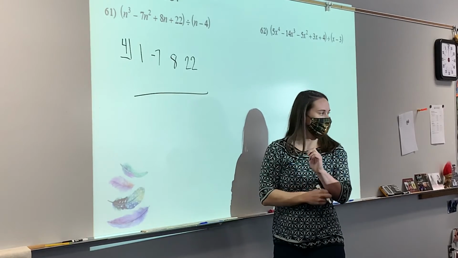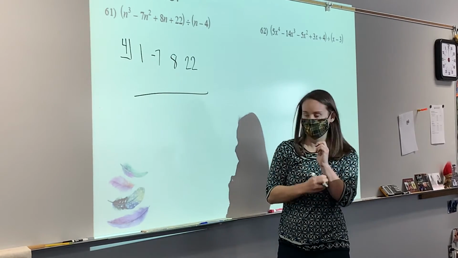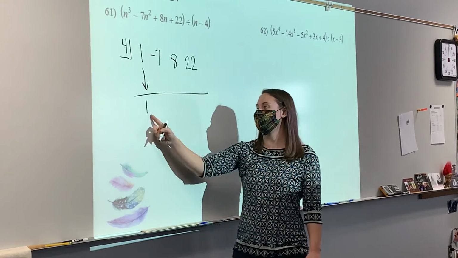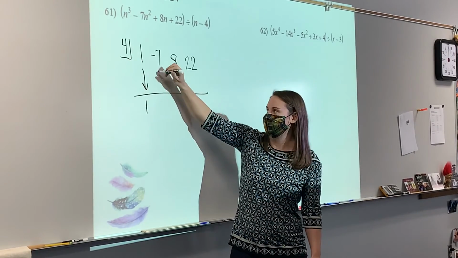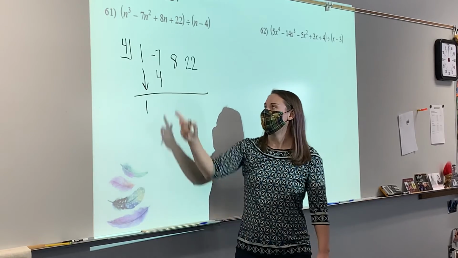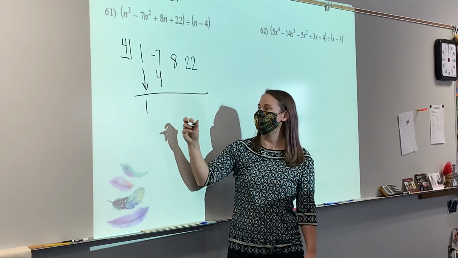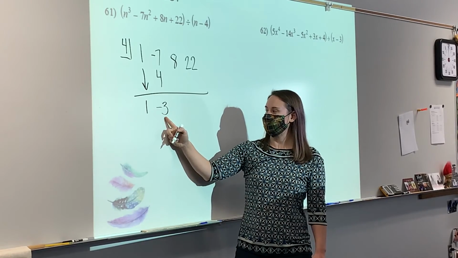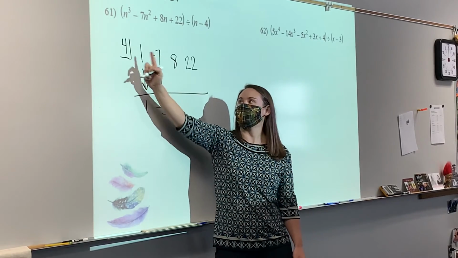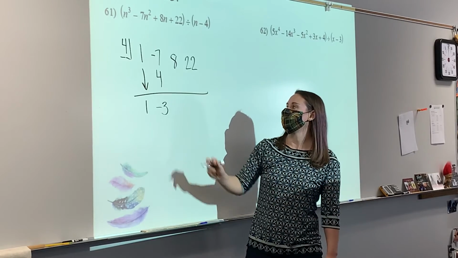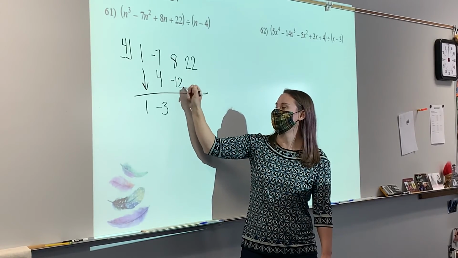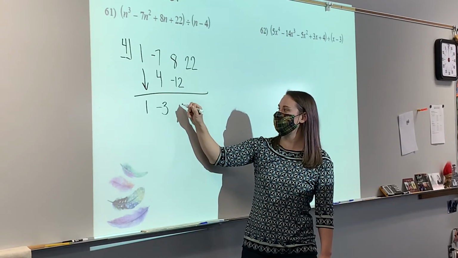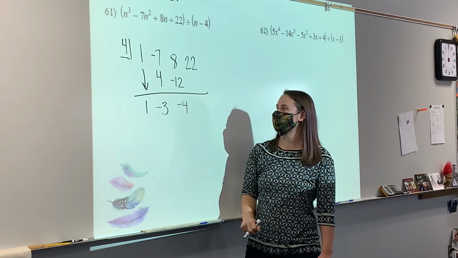What do I do with my first number? Drop it down. Okay, so then I go 1 times 4 is 4. Then I add these two numbers and I get negative 3. What do I do with negative 3? Yep, times 4. That's minus 12. 8 plus a minus 12. That's a negative 4.